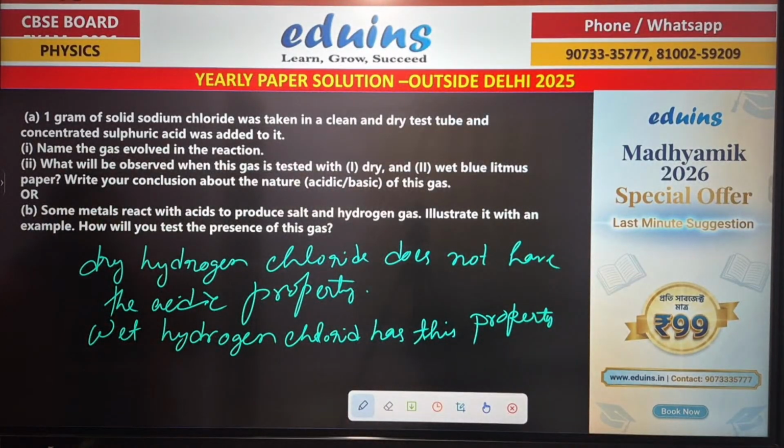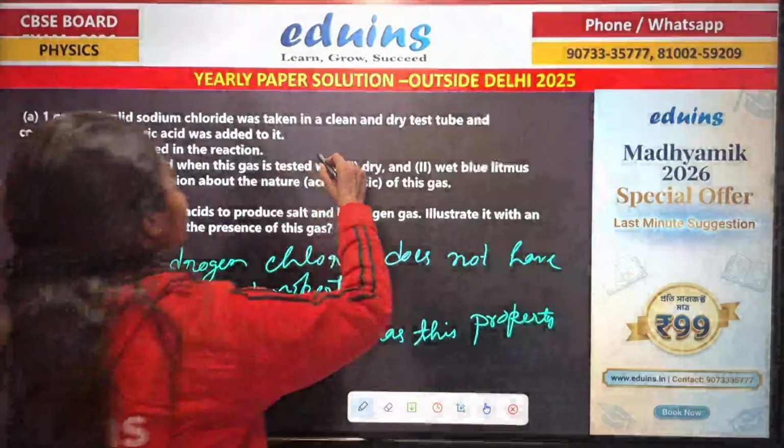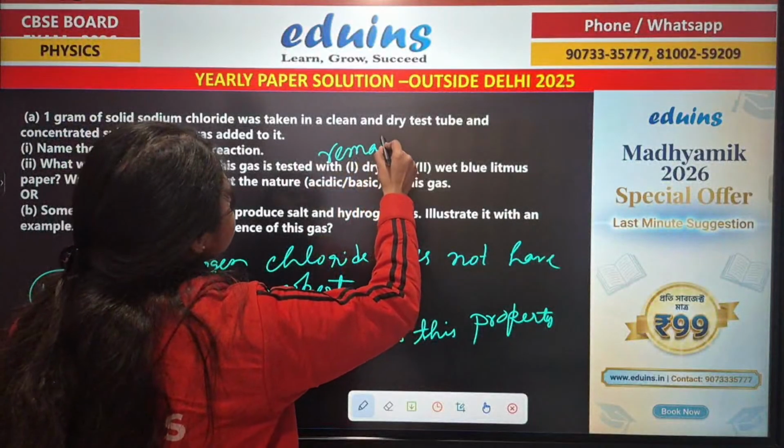After adding water to it, the hydrogen chloride can be ionized like H plus and Cl minus. So, when a substance produces H plus ions, it will be acidic. With dry litmus paper, it remains blue, the same.